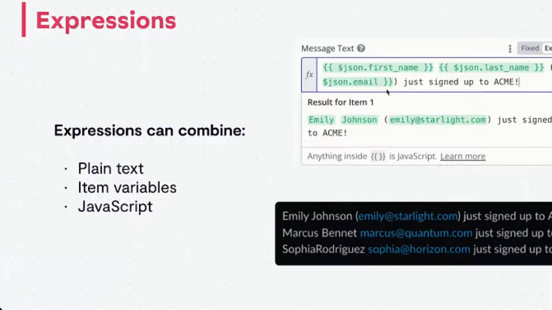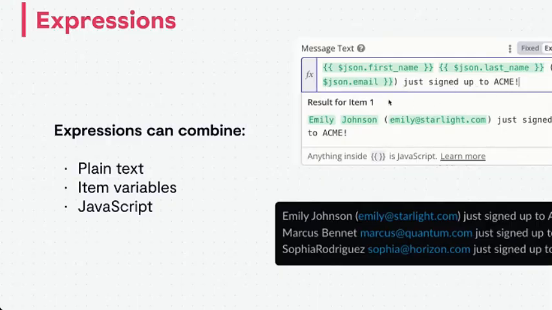We can also, in expressions, combine one or multiple expressions as well as plain text. So here we have, using the Slack node, an example where we want to send for each item the first name, space, last name, and then between parentheses the email, followed by a short message that will be the same for every person just signed up to Acme.